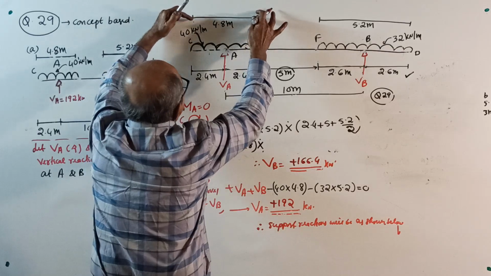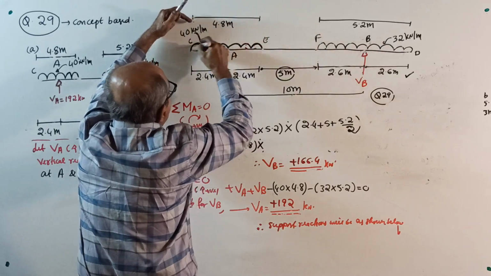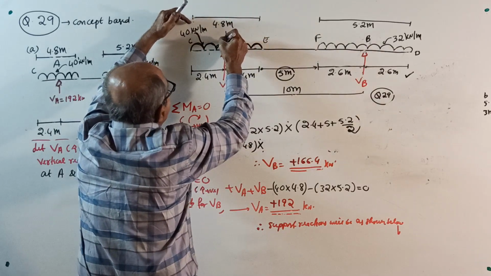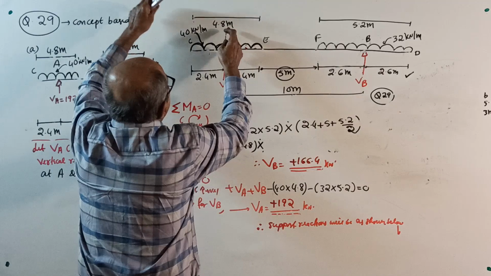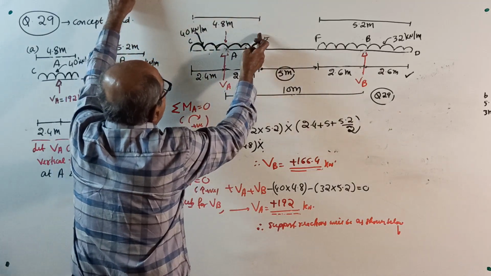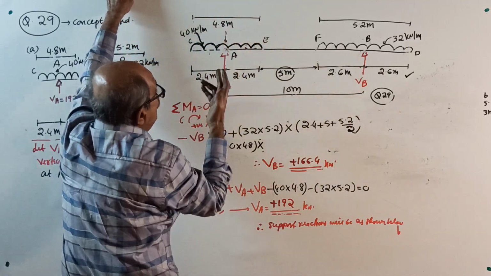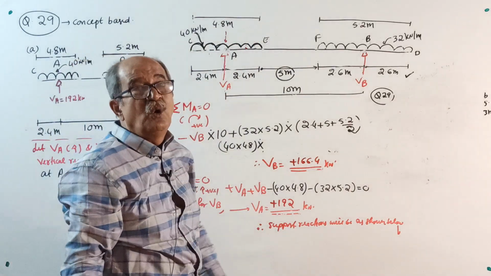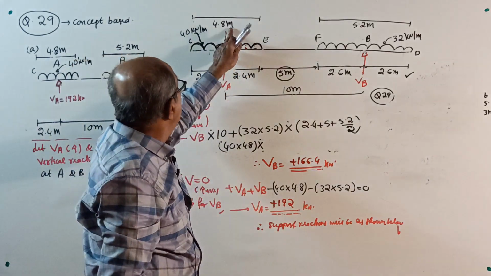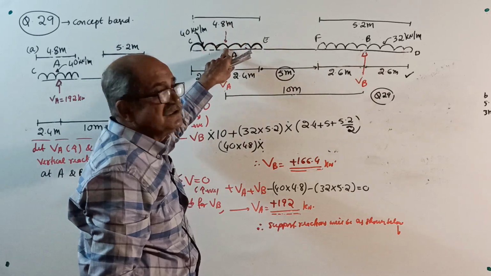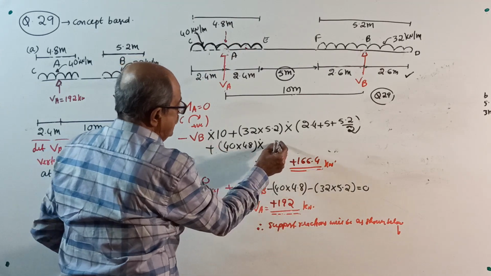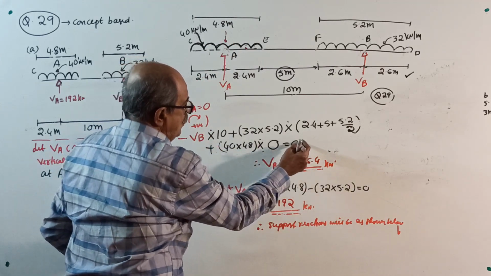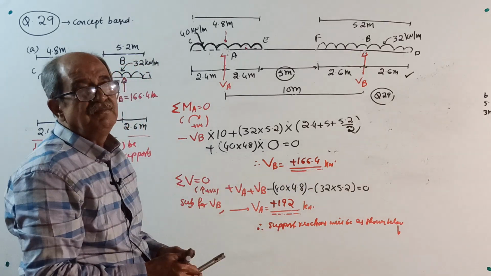See, this is 4.8, so the total load will exactly pass here, because 4.8 by 2 means 2.4. You write here, the line of action of the total load exactly passes through A. Therefore, you can put plus or minus, no problem, into 0 equal to 0. You get the value of VB.